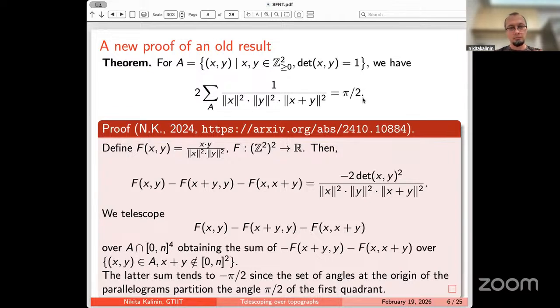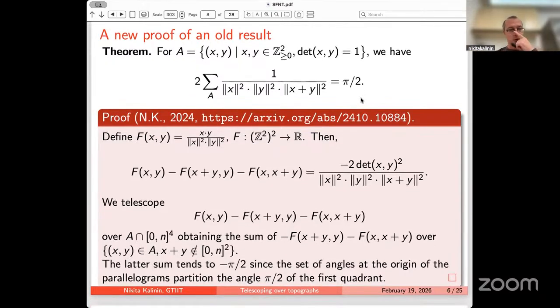And okay, so the proof will be telescopic. So how do we do telescoping? We should define a certain function f. So it will be f of 2 arguments, x and y. And we have the same telescopic identity. So we also have f of x, y, x plus y, y, and x plus y. The function f being this one. So just the scalar product divided by the squares of the lengths of vectors.